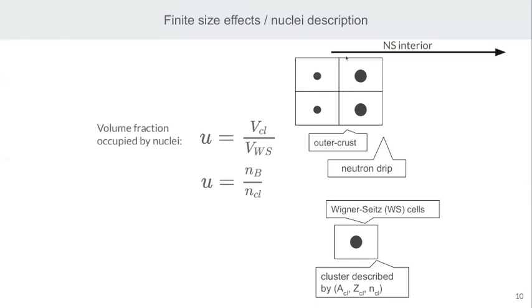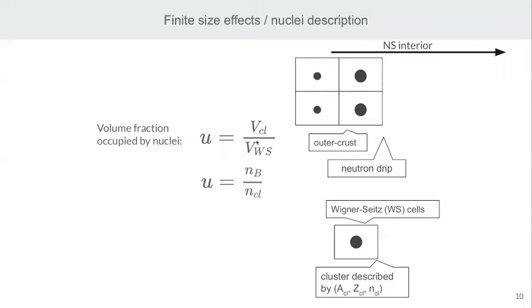So as I said, we are going to describe the integral of the neutron star to inside the star. We increase the density. As we increase the density, I can introduce here a quantity that we are going to calculate, that is the volume fraction occupied by the nuclei.